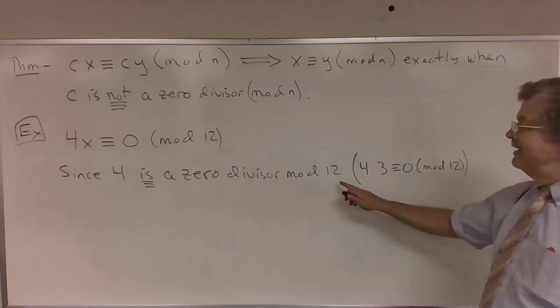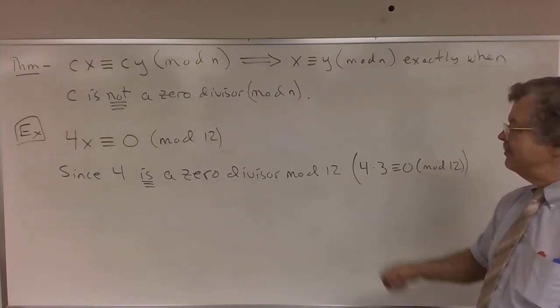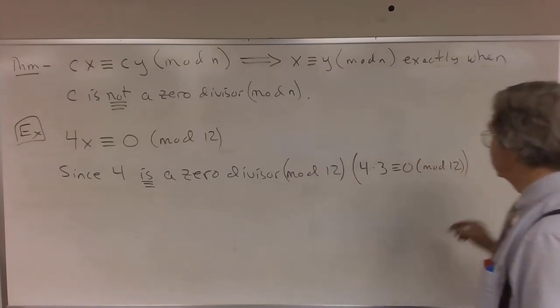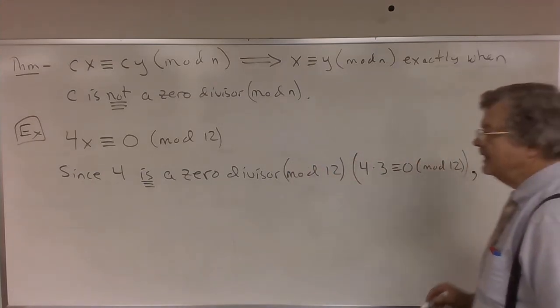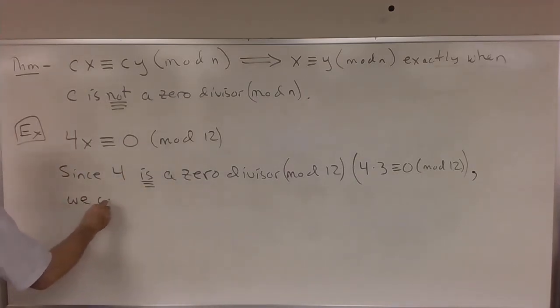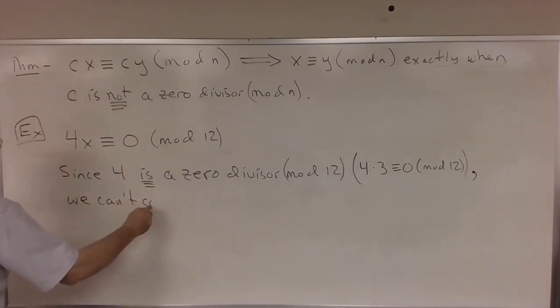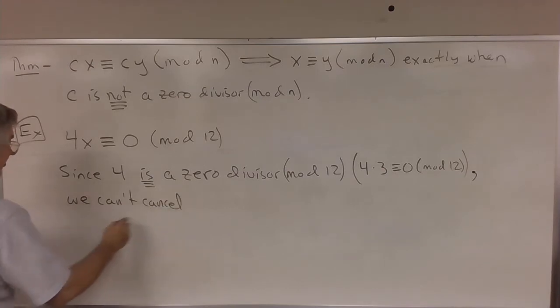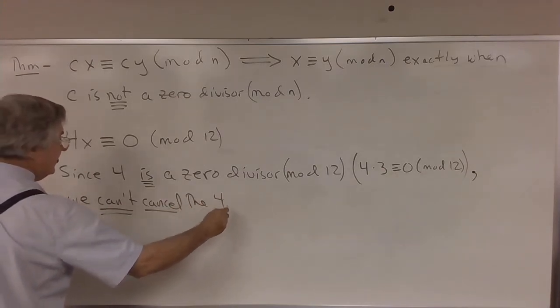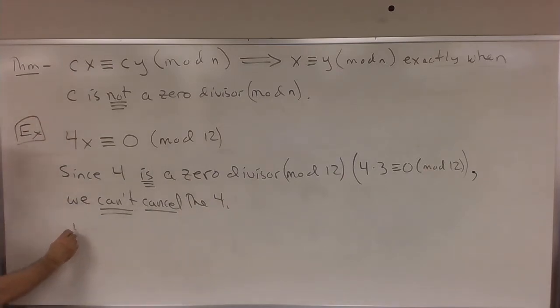So 4 is a zero divisor mod 12. So we can't cancel the 4.